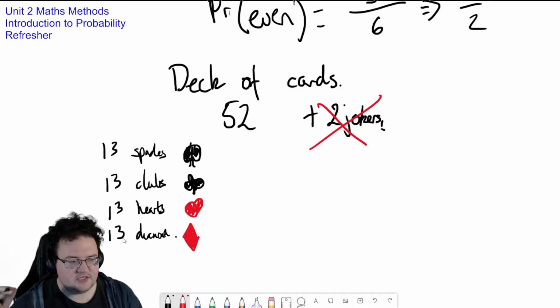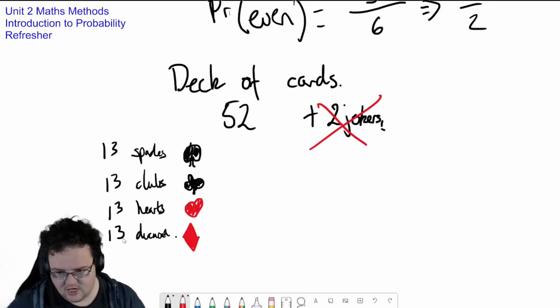All right, so 13 spades, 13 clubs, 13 hearts, 13 diamonds.